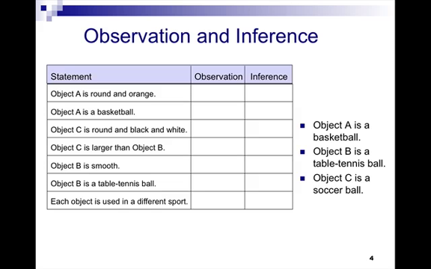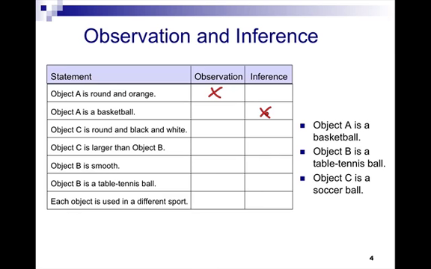So here's our chart. Object A is round and orange. Would this be an observation or an inference? This is an observation. Object A is a basketball. That is an inference.